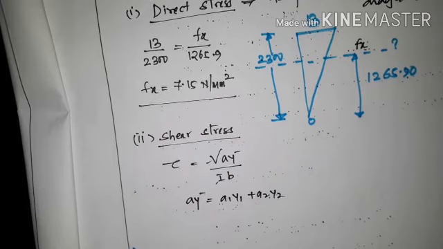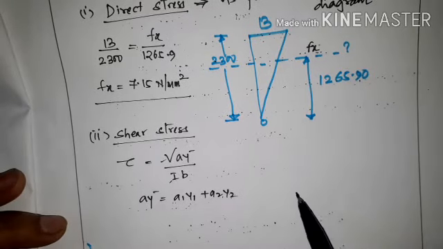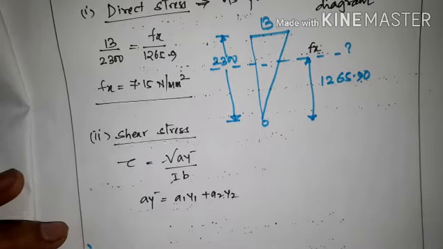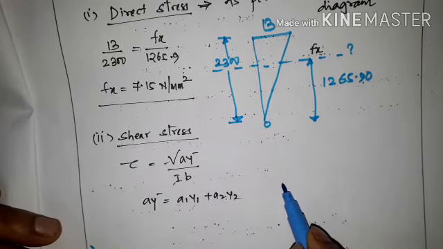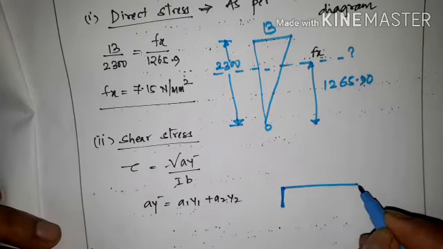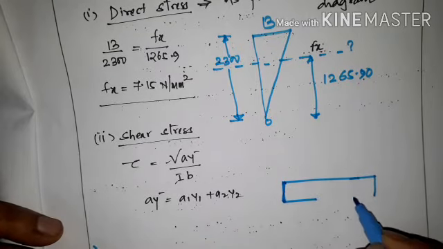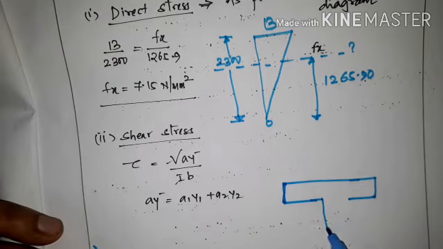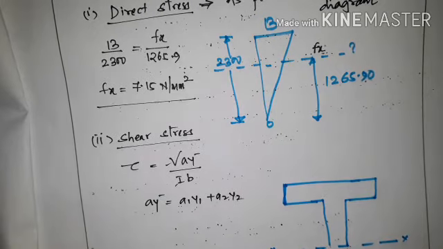Now here again, I'll just draw the sketch. With respect to the centroidal axis x, we have the top flange and the web.